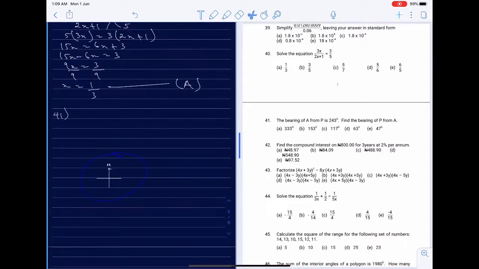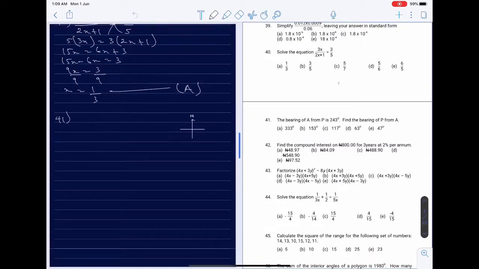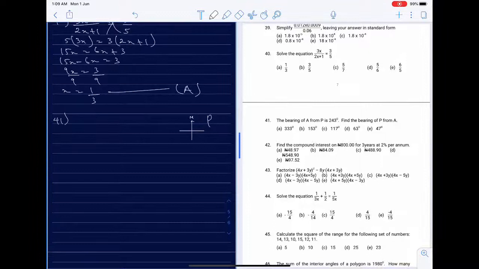The bearing of A from P. My P is supposed to be somewhere up here. This is point P. The bearing of A from P is a line that runs. Need to redraw that.